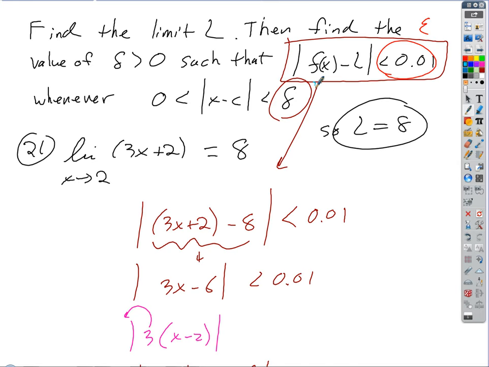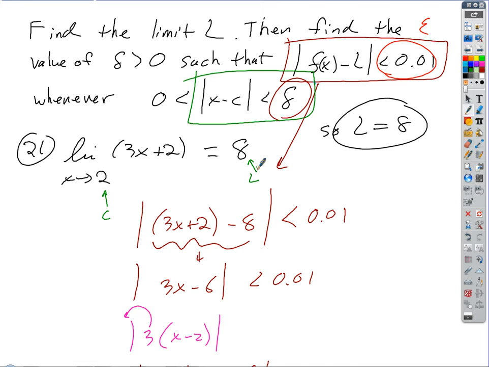So I want to make that look like this. C is what? Well, C in this case is 2, right? Does that make sense? This is C, and this is L.